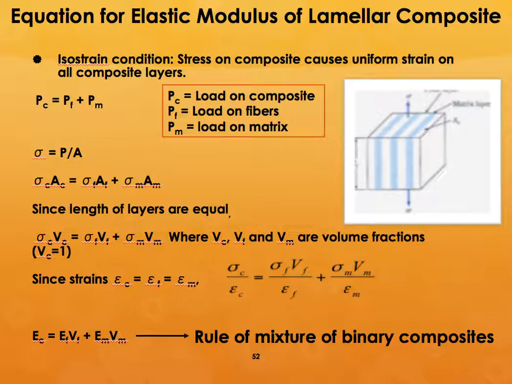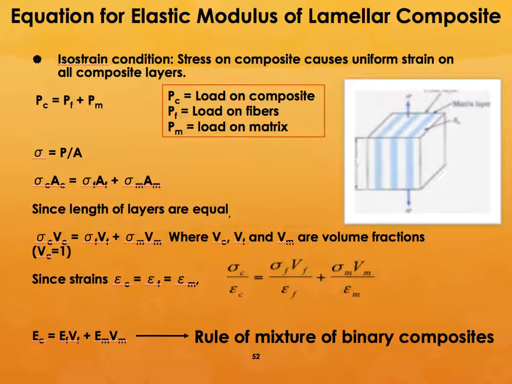So you assume that the stress on the composite is the same as the stress on the fibers and the matrix, or the load is, and that the load is shared between the fibers and the matrix. So if you calculate the stress, it is equal to load over area.